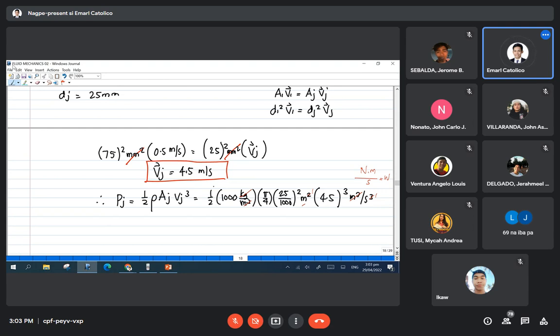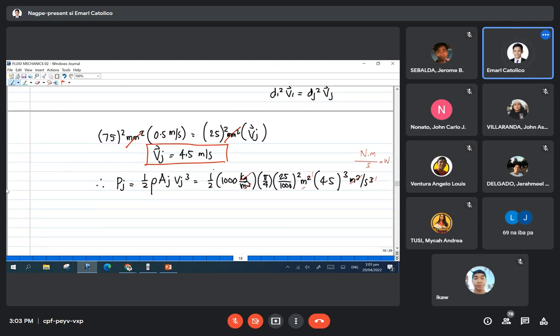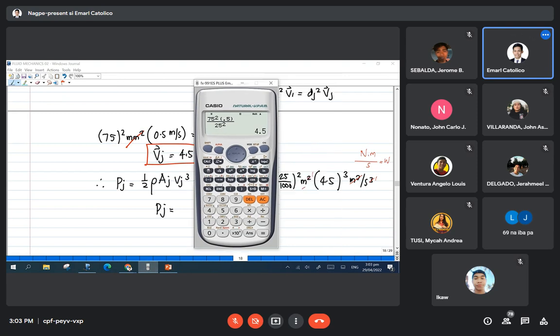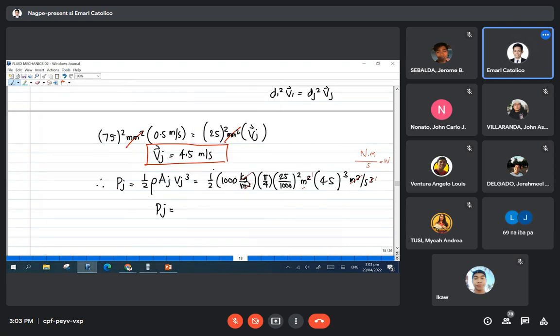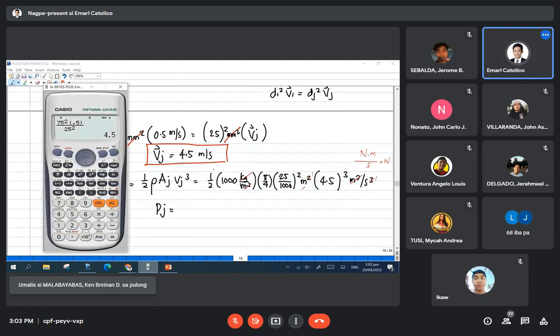Okay. Therefore, power ng ating jet is equals to, cancel na natin to, no? Ay, hindi, naka-squared pala. Huwag pala. So, 1/2 times 1,000 pi over 4, 25 over 1,000 squared, 4.5 raised to 3.